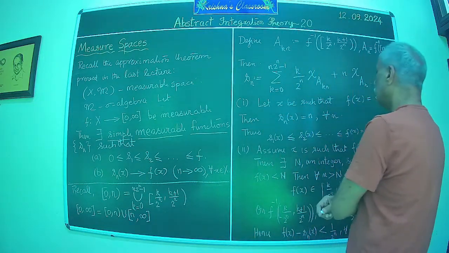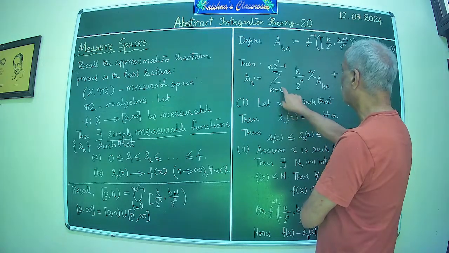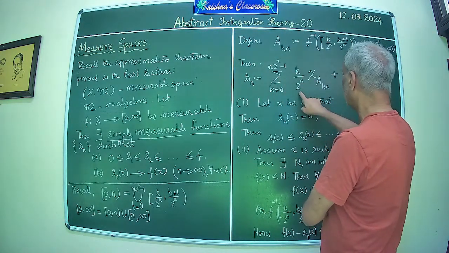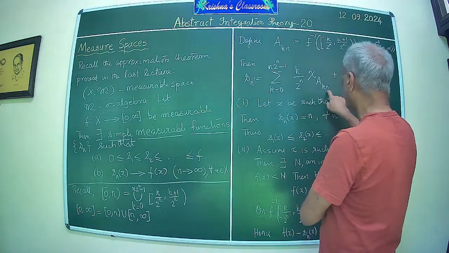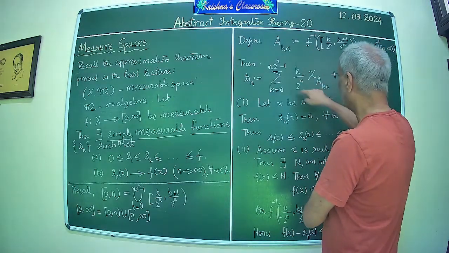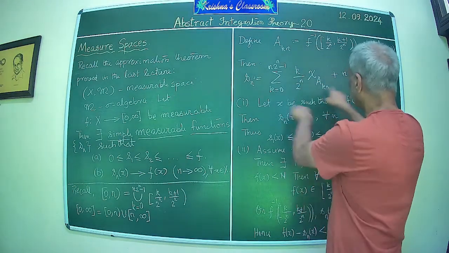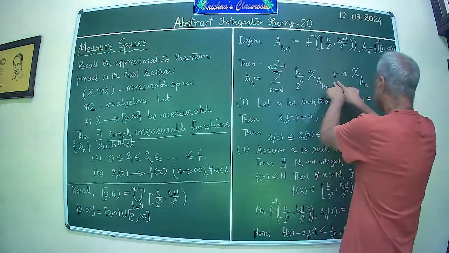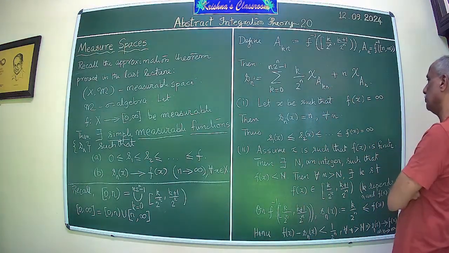Sn is defined as the sum, k equal to 0 to n·2^n − 1, of k divided by 2^n times chi of A_kn. That means on A_kn, we take the value to be k/2^n and outside it is 0, and then you sum it up altogether plus n times chi of A_n.